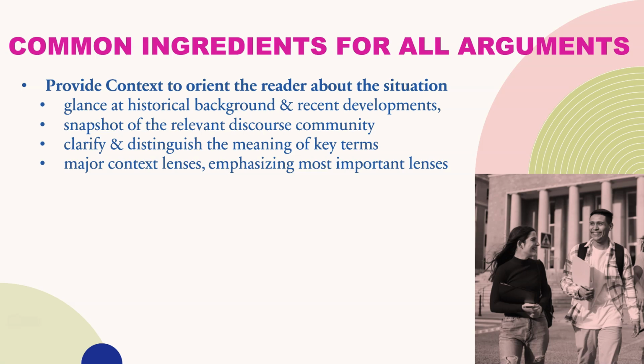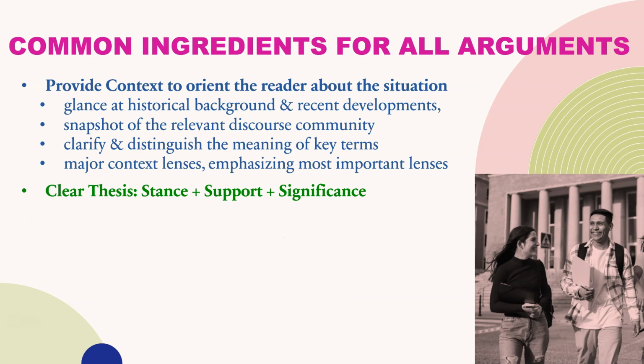Going back to the lesson slides and looking at the major questions and then the subtopics, maybe doing a little bit of outside research to get a definition that works for you, and of course bringing that in with citation. Speaking to your classmates and your instructor to help clarify your understanding of those context lenses. So no matter how you shape your argument, you always want to include a little bit of context.